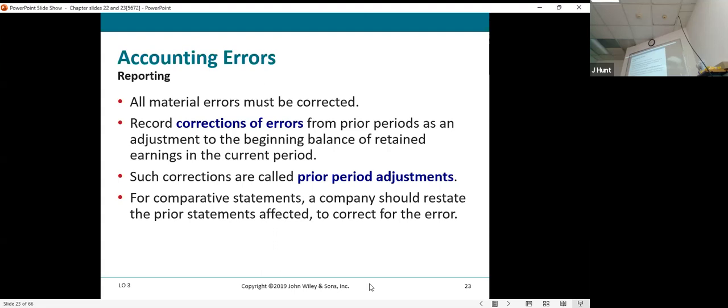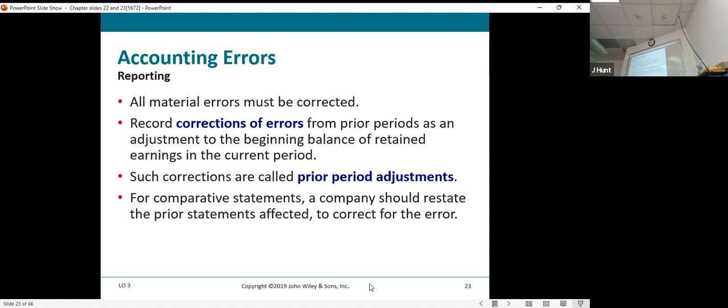And we call them prior period adjustments. And if you have comparative statements, so if I have statements that I normally give to you that show the prior year, 2020, 2019, 2019, 2018, then I have to restate that prior statement and show the impact.